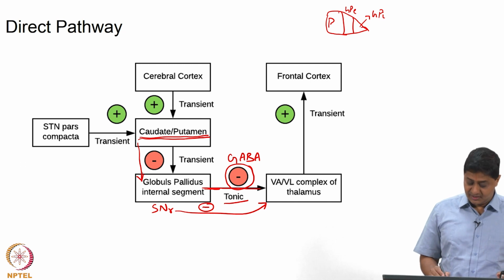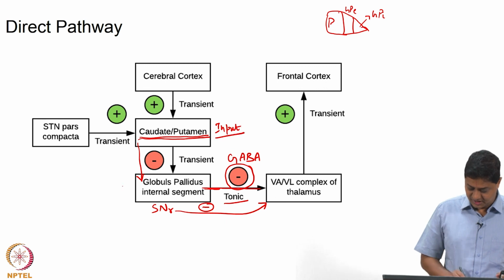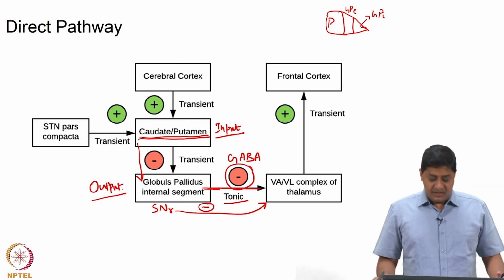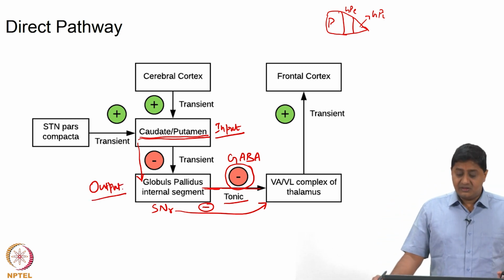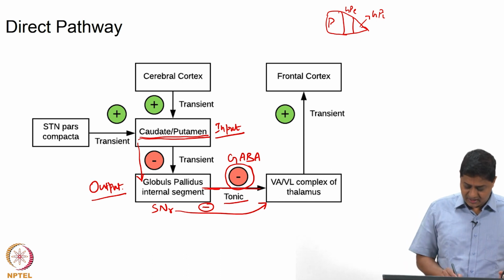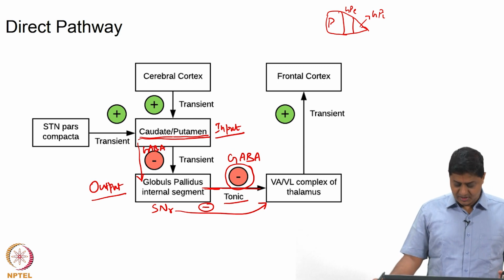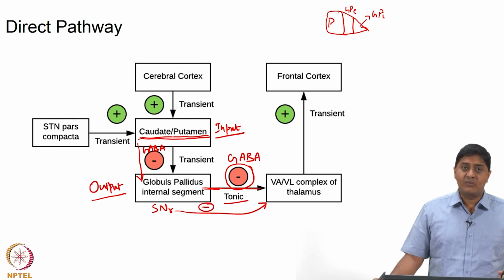This means what? This is the major input structure and this is the major output structure, and the connection from the input to the output structure is GABAergic, mediated by the output of the medium spiny neurons and uses GABA as the neurotransmitter.